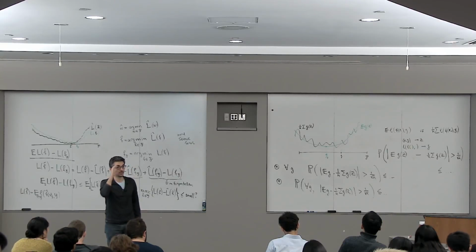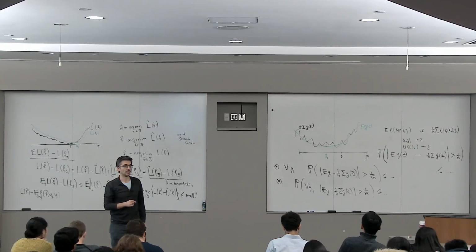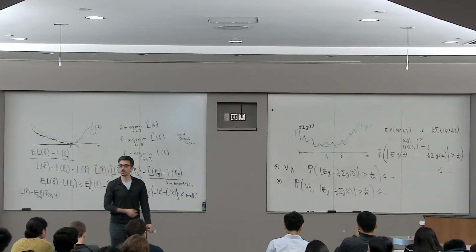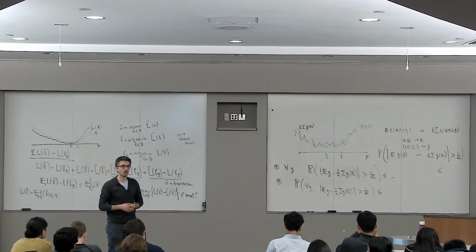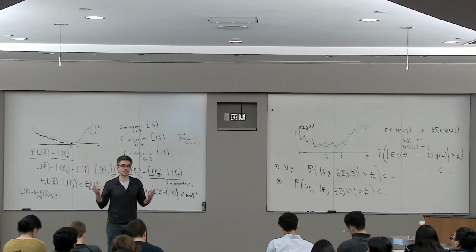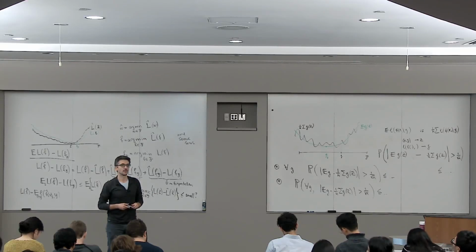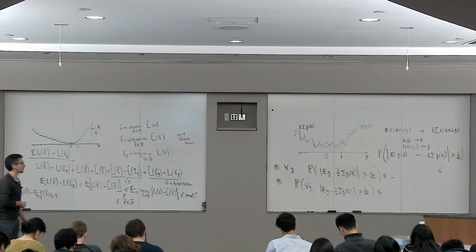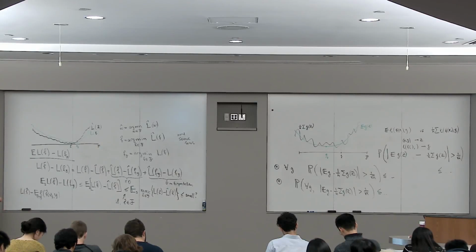And it's a much more difficult statement. The first one always holds, that's the central limit theorem. The second one holds only for reasonable classes, for classes that are not crazy. Questions about this?